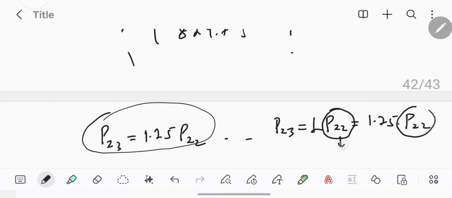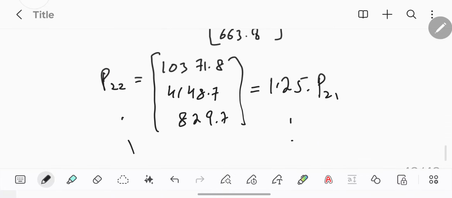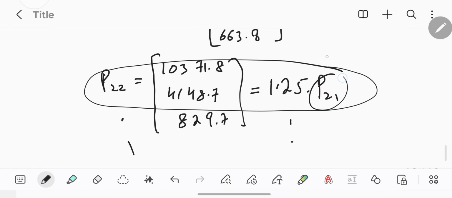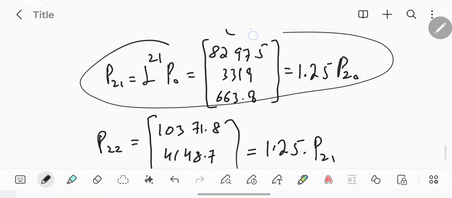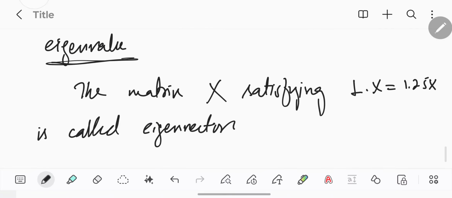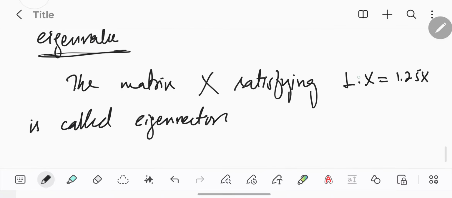So here our X is P22 in this case. But in this case, our X is P21. In this case, our X is P20. Again look at the definition. The definition says L times X is equal to 1.25 times X. In this equation, the matrix X is called the eigenvector. And X is the eigenvector if and only if 1.25 is an eigenvalue.